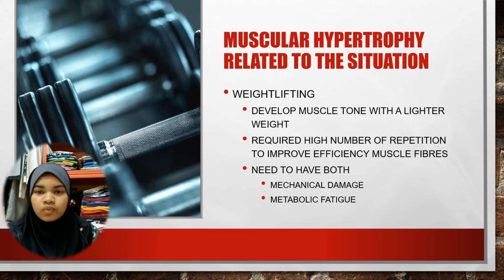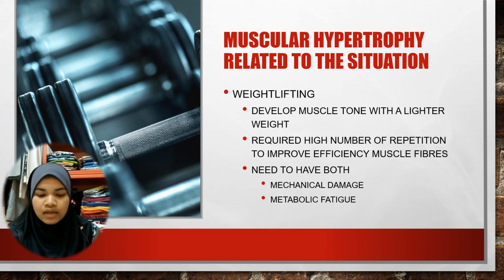Okay, when we do weightlifting, you as the weightlifter can perform many repetitions at lower weight. But if you lift a heavy weight, you are doing that in fewer reps.